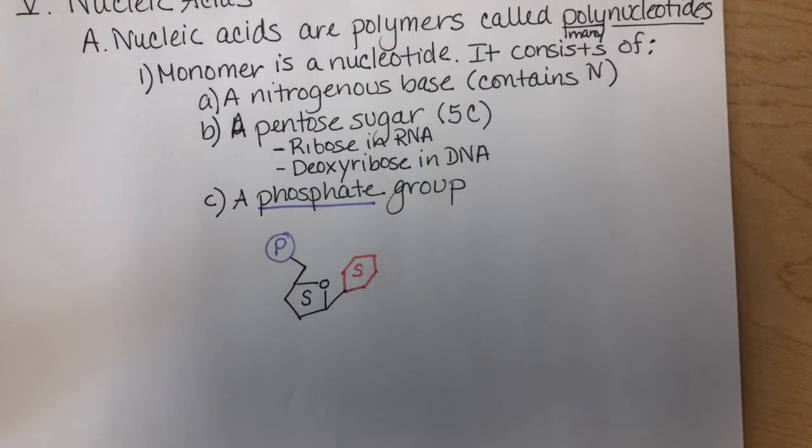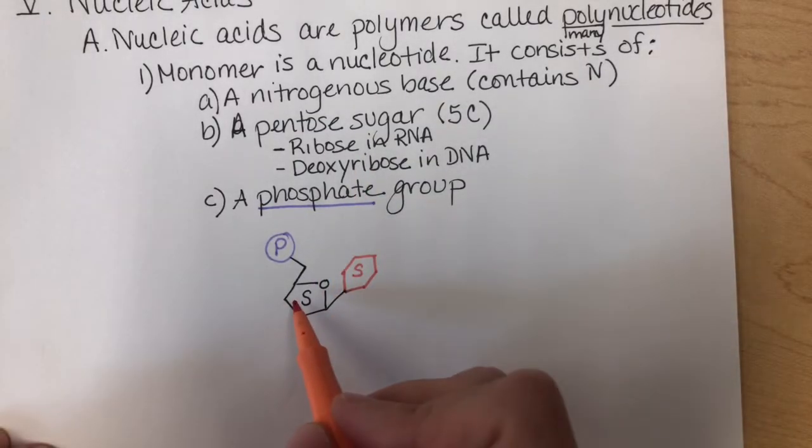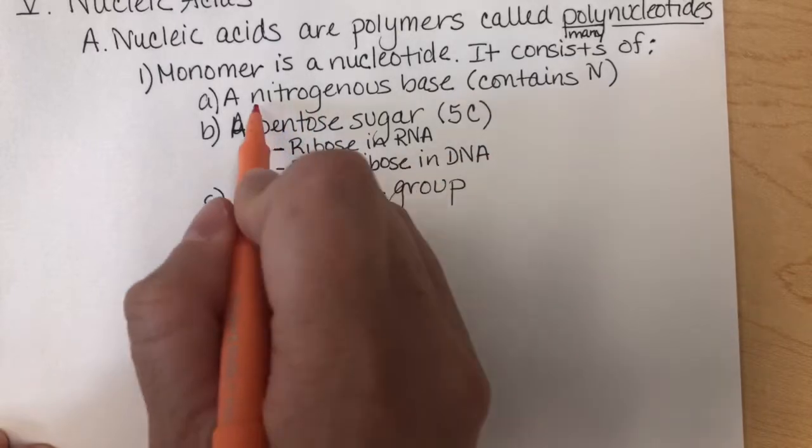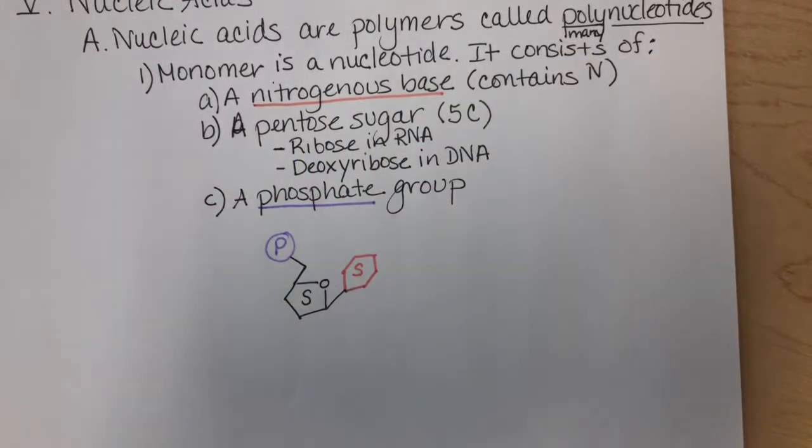So your sugar is black and your base is orange. That's your nucleotide. Every single nucleotide has those 3 components. What changes is if the nucleotide is making up RNA or DNA, which are your 2 kinds of nucleotides.